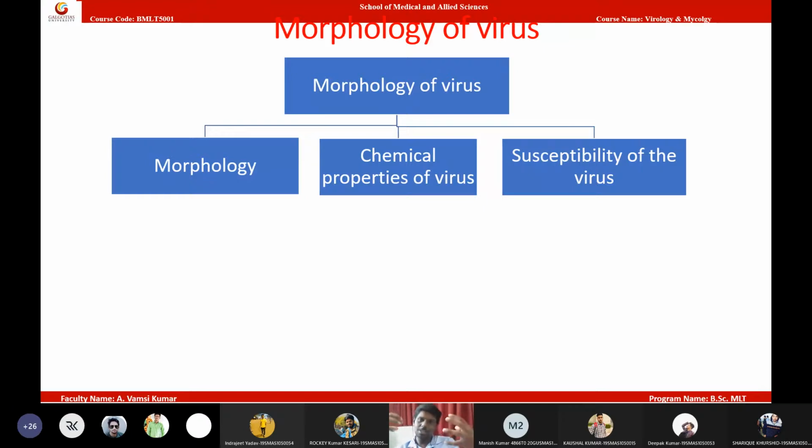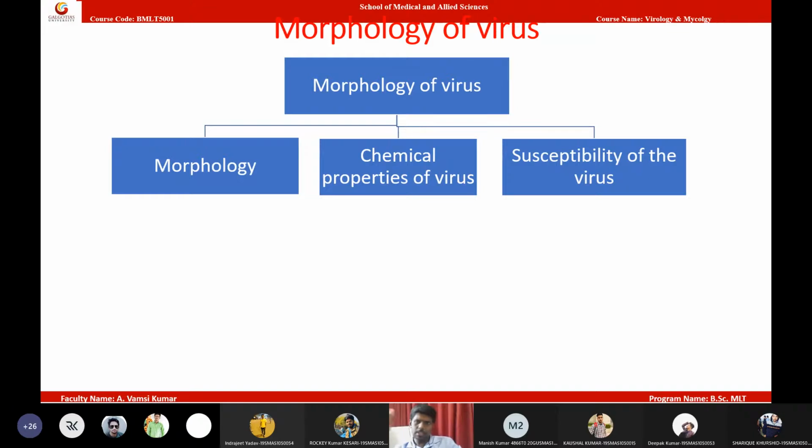Virus likes moisture, so it is resistant to moisture, whereas susceptible to alcohols. Similarly, I will discuss susceptibility and resistance in the third part of morphology. First I will discuss the structure, then the chemical properties, then the susceptibility and resistance of the virus. Susceptibility and resistance vary from virus to virus. Each virus has its own properties that I will discuss later.